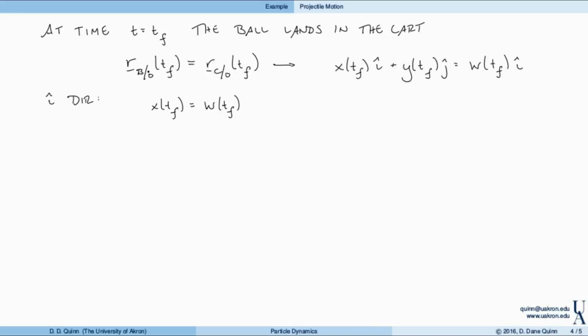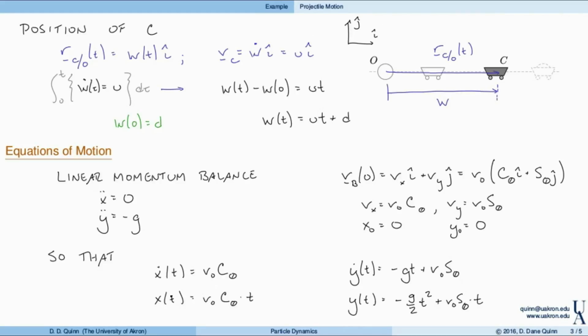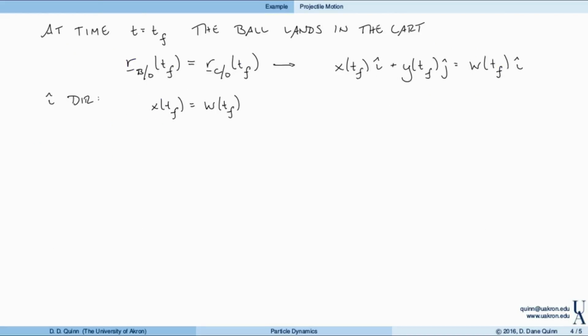Looking now at the motion for the ball, so let's go back here, x at t final is this expression evaluated at the final time. So x of t final is equal to v naught, and I'm going to draw that in green because that's the unknown. That's the thing that we're looking for.